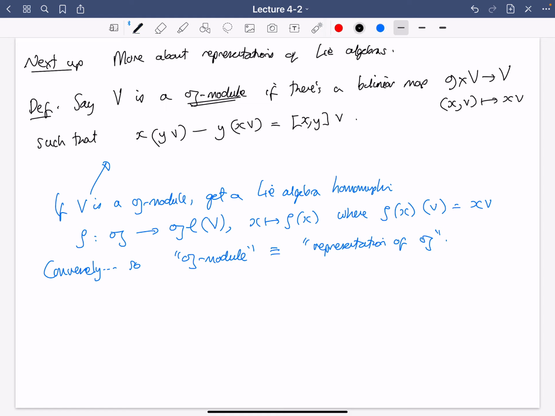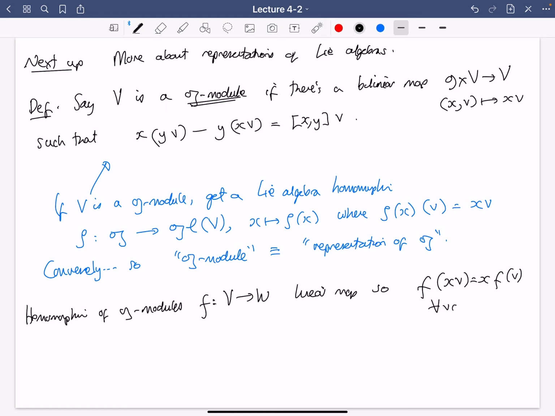There's also an obvious notion of a homomorphism of G modules. That's a linear map which intertwines the actions, so for all vectors in V and X in G. If you were thinking in terms of representations, you would have a diagram like this commuting.